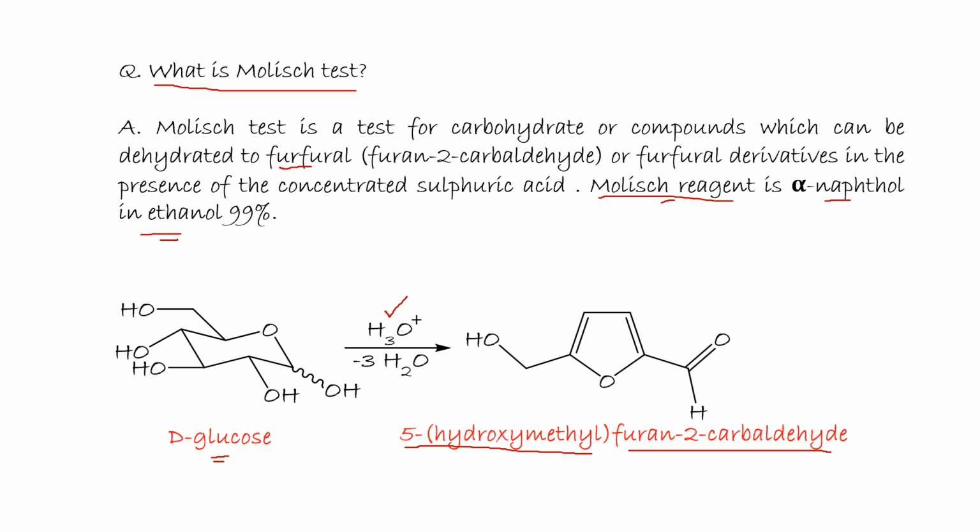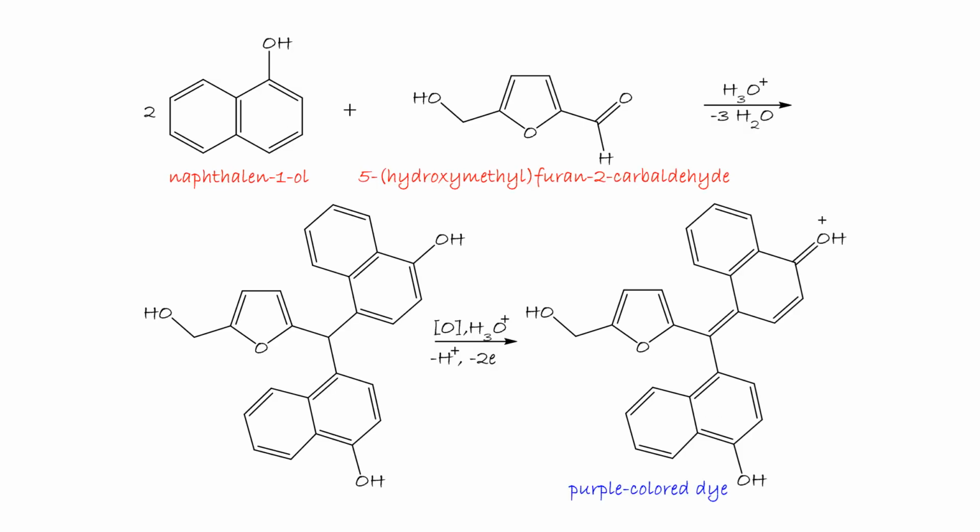Well, when we add this aldehyde to Molisch reagent, one molecule of this furfural with two equivalent molecules of the alpha naphthol will form a purple violet color complex at the interface of the acid and the test layer.